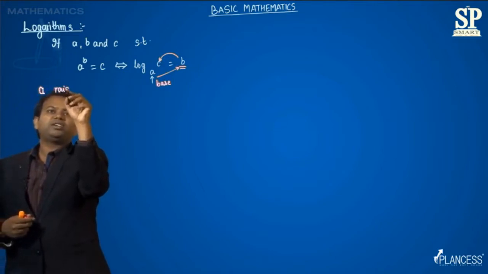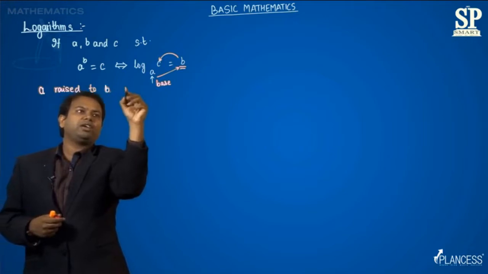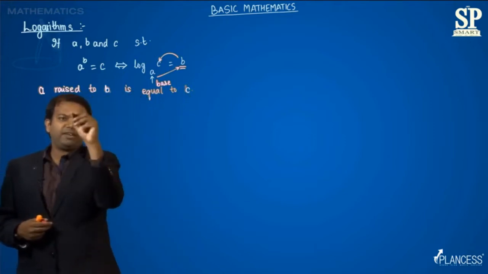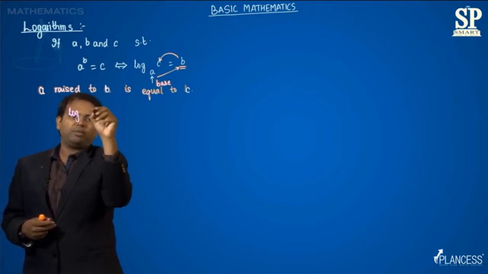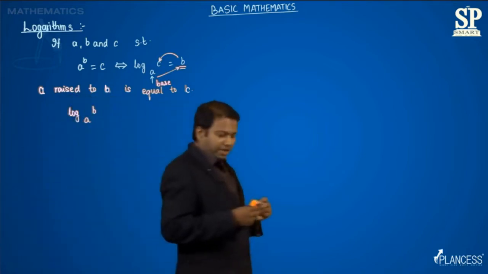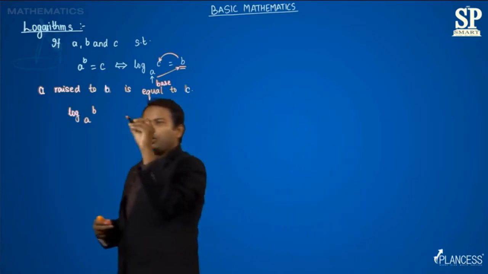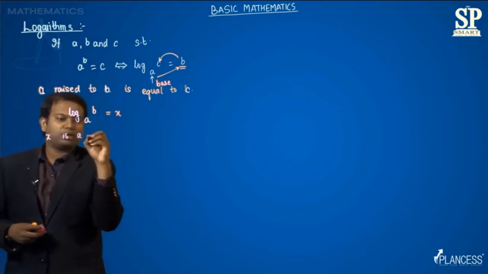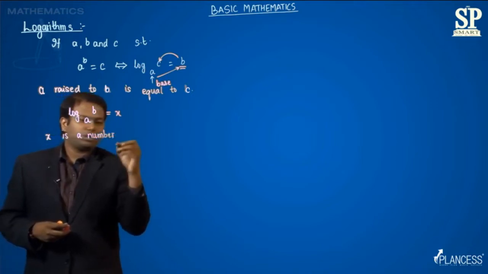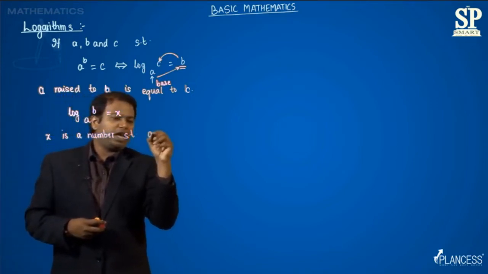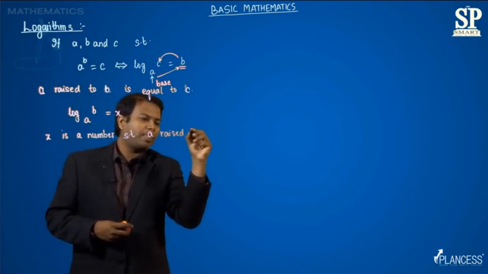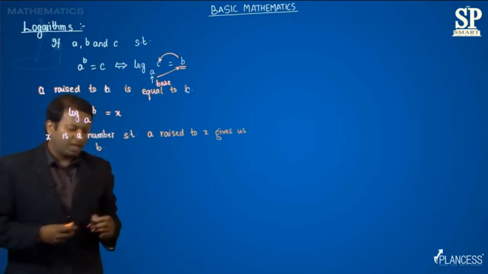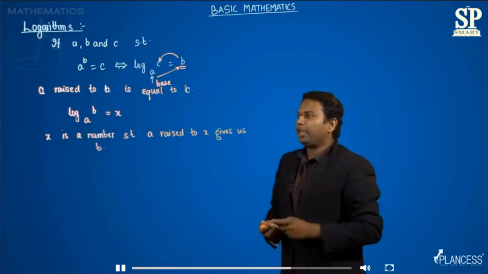A raised to B is equal to C. If somewhere it is written log of some number B to the base A, and this is equal to X, it simply means X is a number such that A raised to X gives us B.